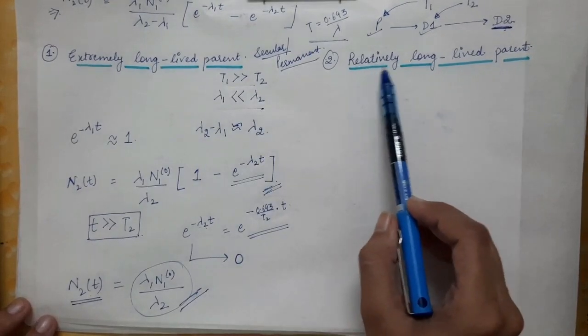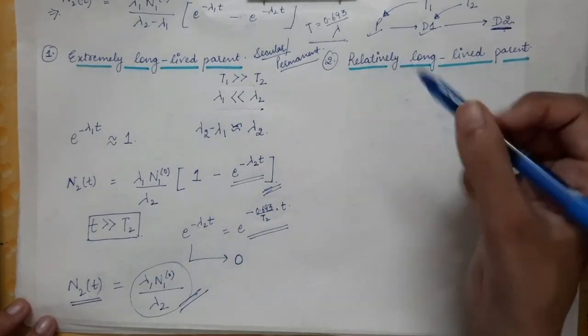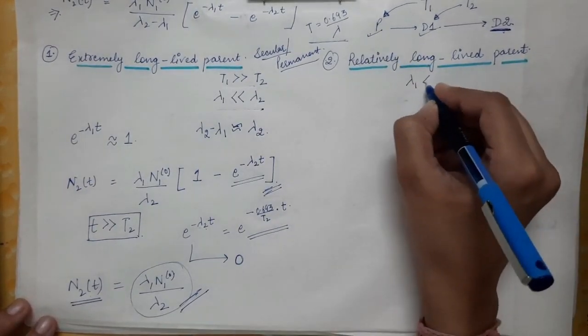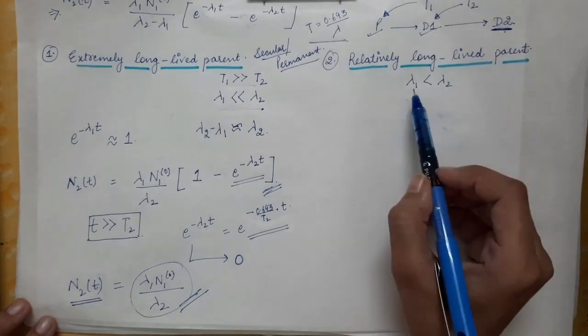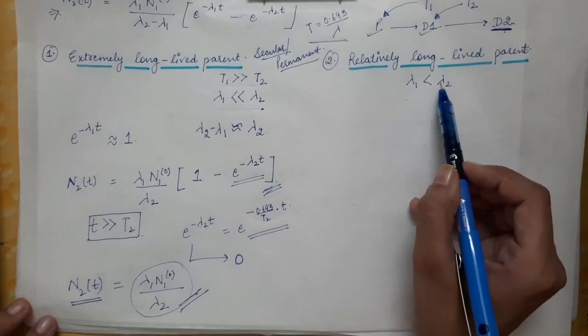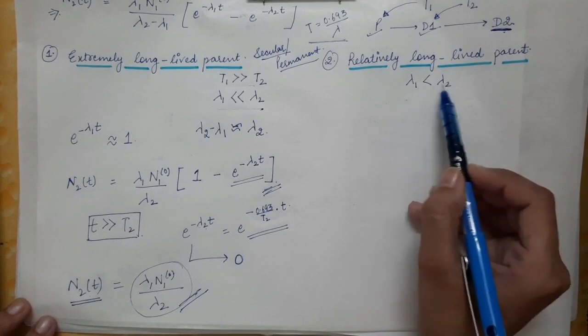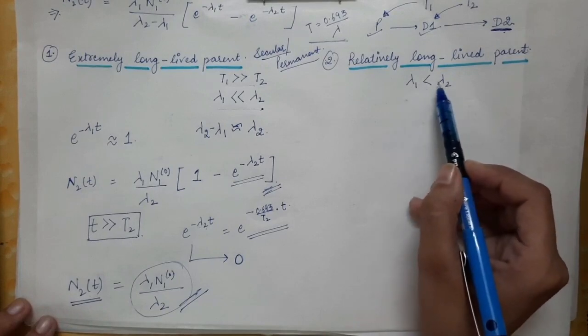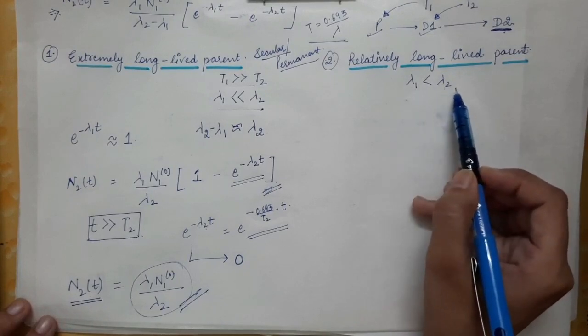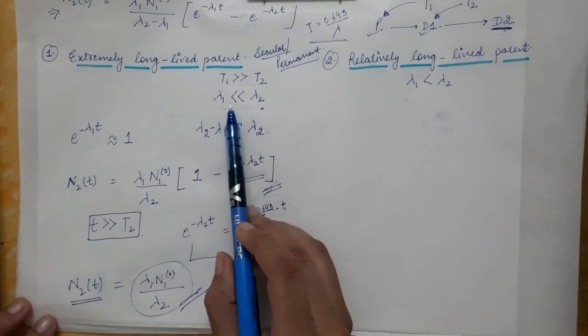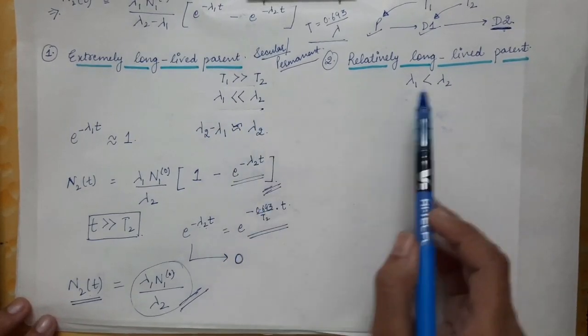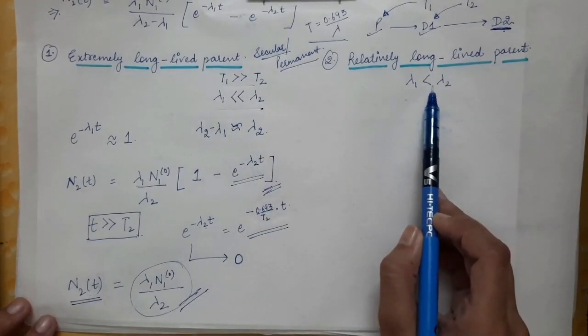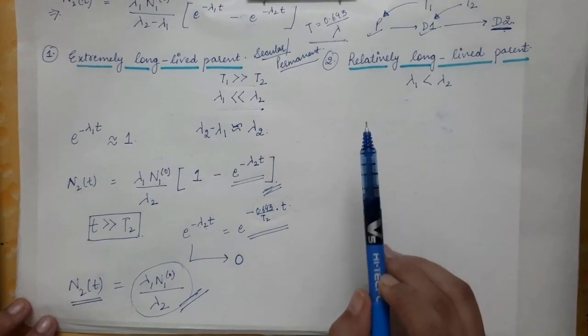But in the case of a relatively long-lived parent, lambda 1 will be less than lambda 2, but almost comparable. It will be somewhat less than lambda 2.